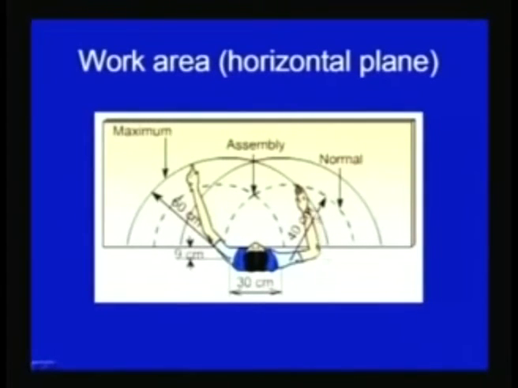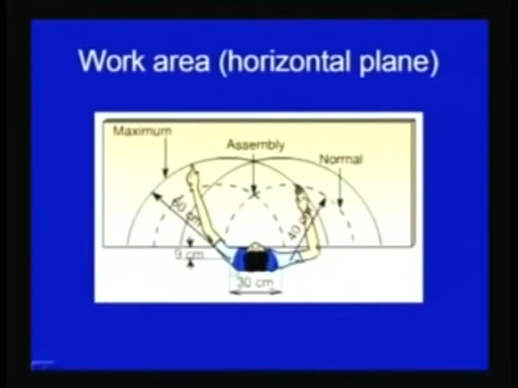Here, from this elbow to this fingertip, this entire area which can be covered by the right hand and the area which can be covered by the left hand indicates the normal working area, while this is the distance of the maximum possible reach of the hand when the arm is fully stretched.